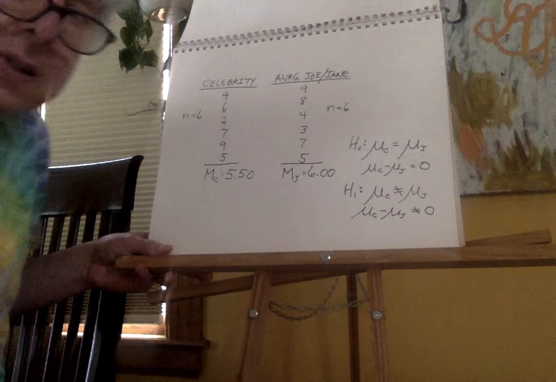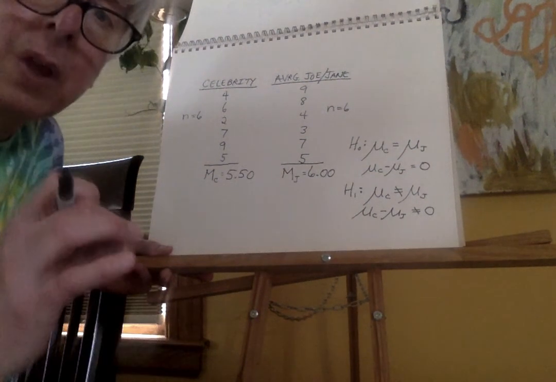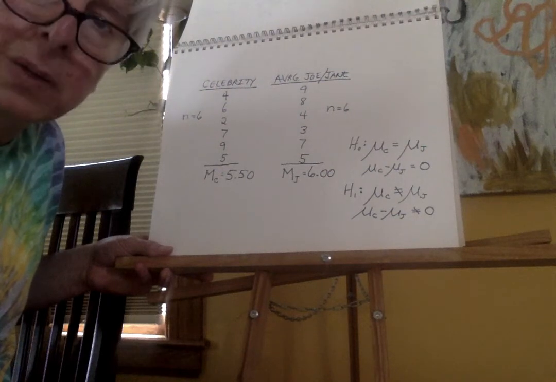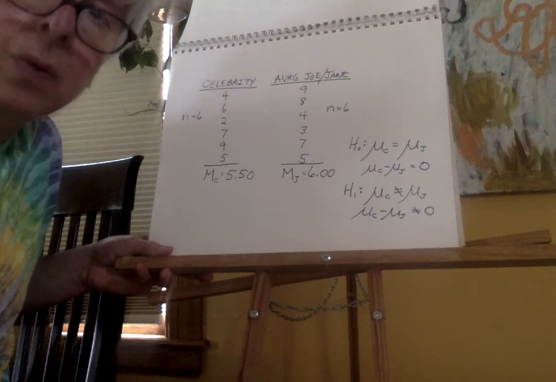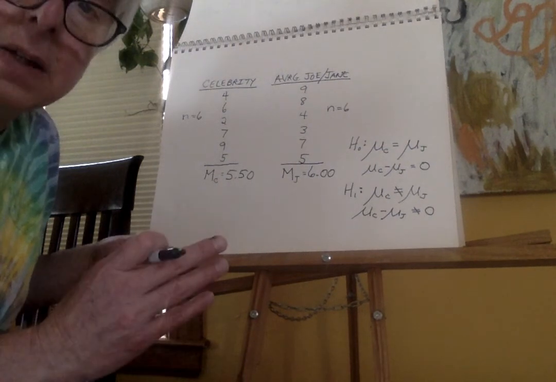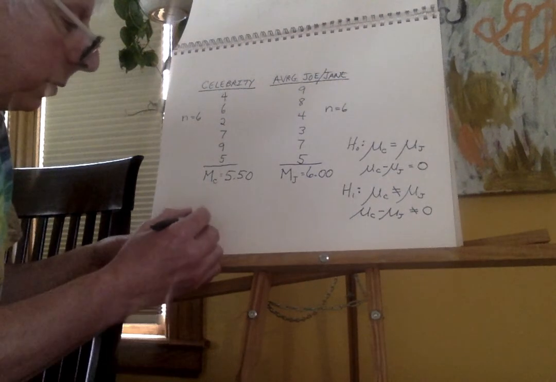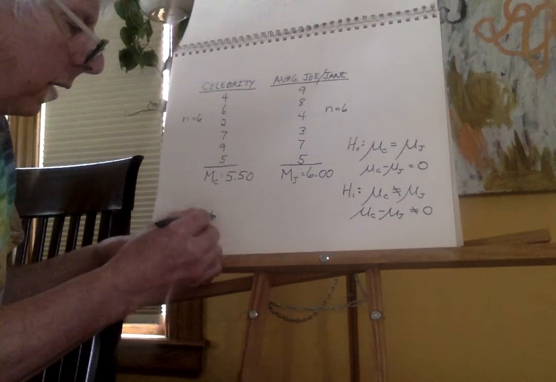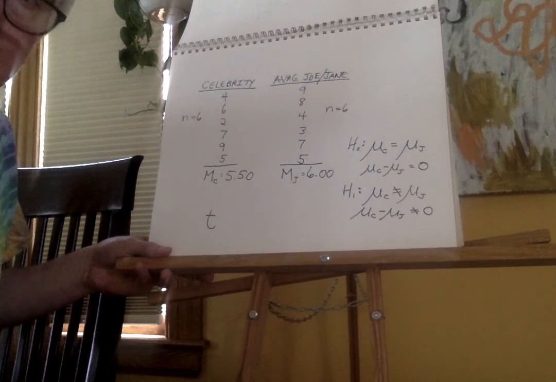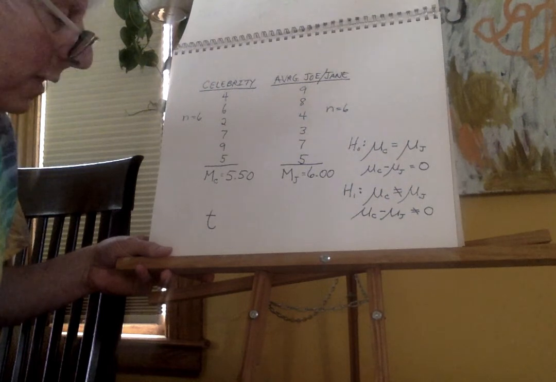The essence of our statistical analyses is difference over variability. We're not given any standard deviation in this case, so we are going to do a t-test. If we had sigmas, we could do a z, but we don't have sigmas.